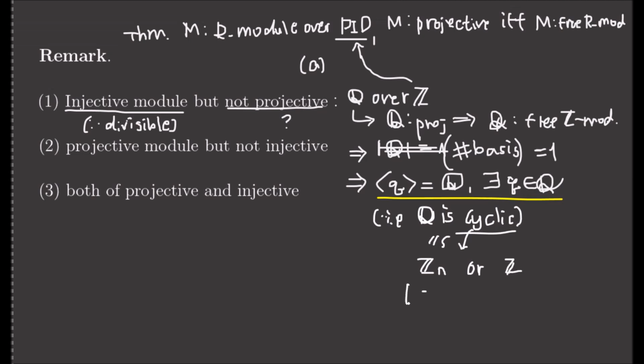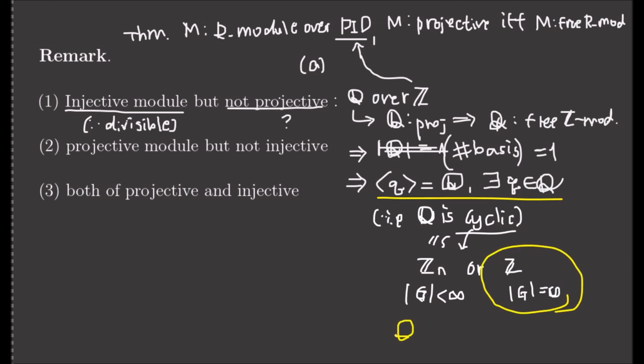If the group order is finite, this is isomorphic to Zn. If the order is infinite, then this is isomorphic to the integers. Because the rational numbers clearly have infinite order, this is isomorphic to the integers.